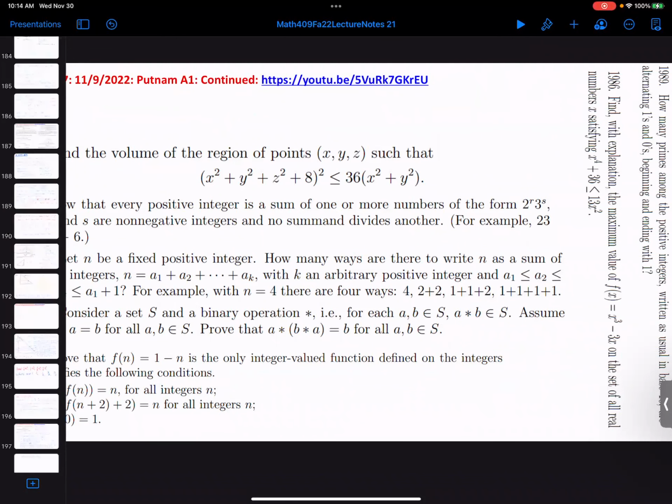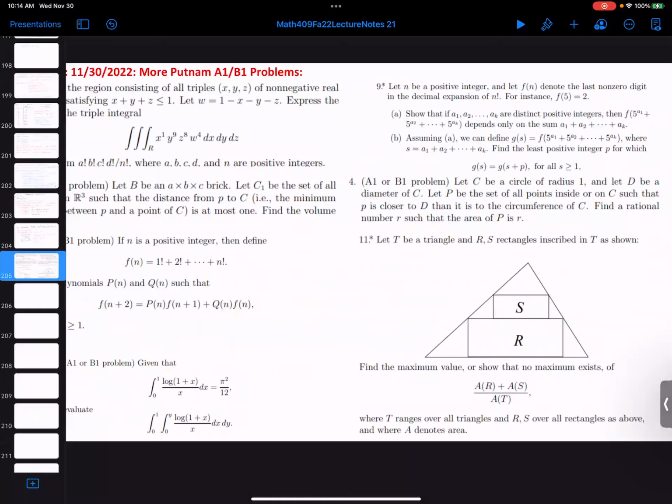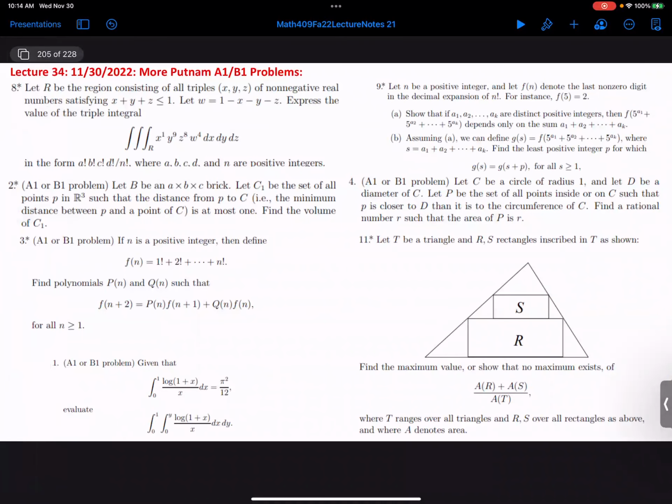Other ones we have here is problem 9 star. I think we did 4 and 11. We haven't done 8. We haven't done 2. Were there any problems that people found particularly interesting?